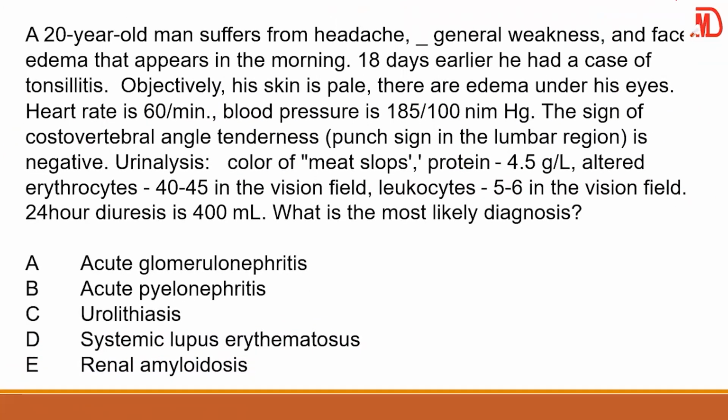A 20-year-old man suffers from headache, general weakness, and face edema that appeared in the morning. 18 days earlier, he had a case of tonsillitis. Guys, before I continue, you already know your answer. This is definitely a case of what?